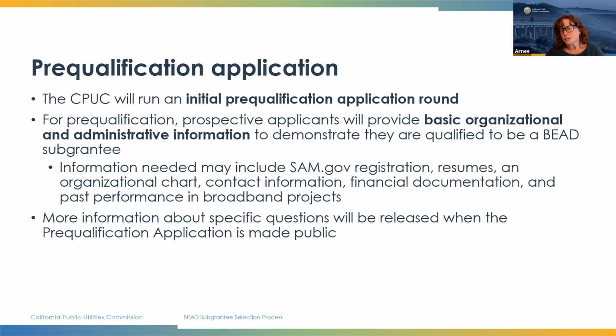You need the financial documentation, including audit information or equivalent as requested, and past performance in broadband projects, or other public projects that you may be applying for. Again, it's a series of information, and you want to start thinking about what that will look like, and more information about the specific questions will be released when the pre-qualification application is made public.